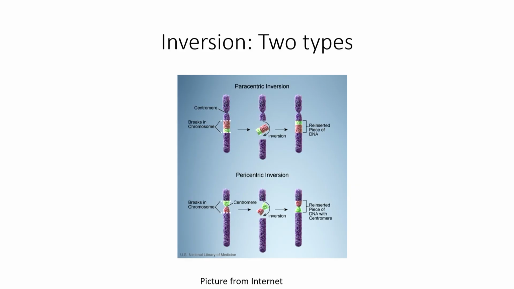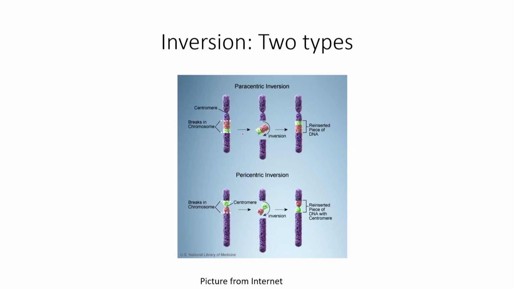Inversion. In my last lecture, I did show you what inversions are. Here you can see there are two different types of inversion. One is paracentric inversion, another is pericentric inversion.